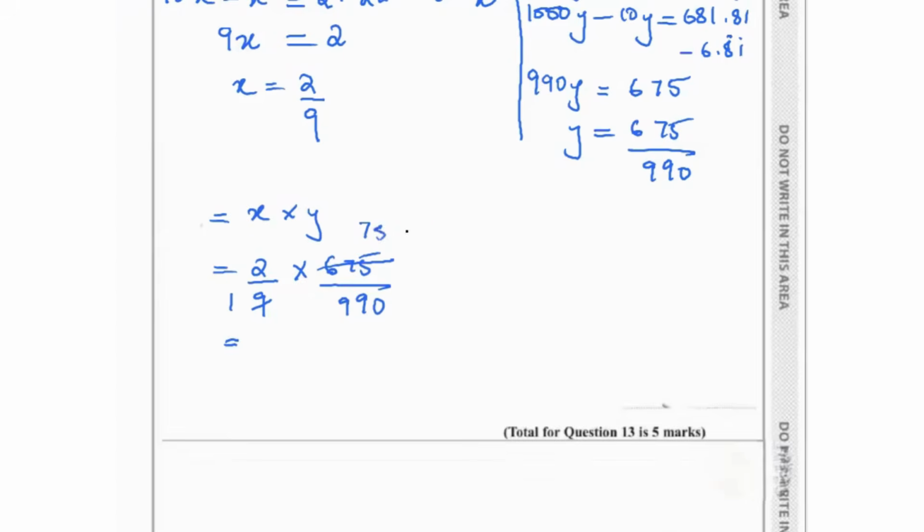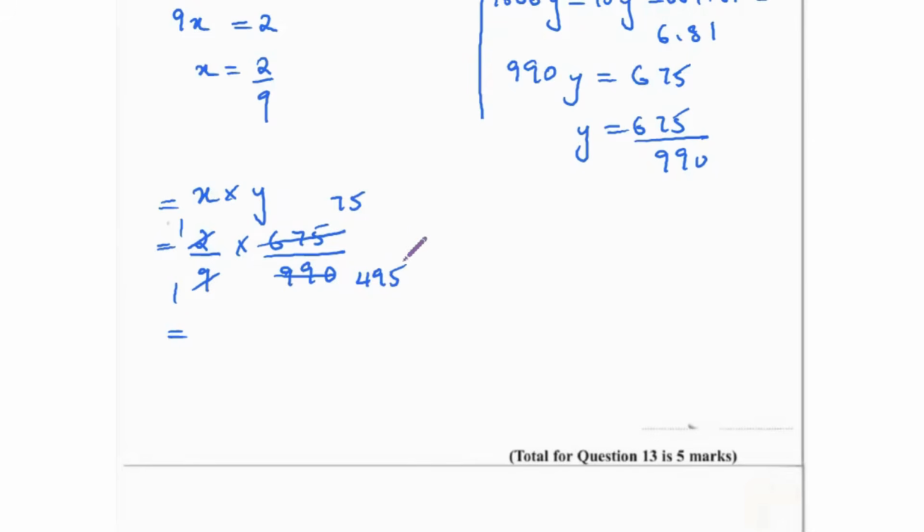Now 2 and 990 can be divided by each other. 2 ones are 2, and this is going to be 495. So 75 and 495 both come in the 5 times table. So 75 divided by 5 is 15. 495 divided by 5 is 99. So both come in the 3 times table, which is going to be 5/33. That is your answer.